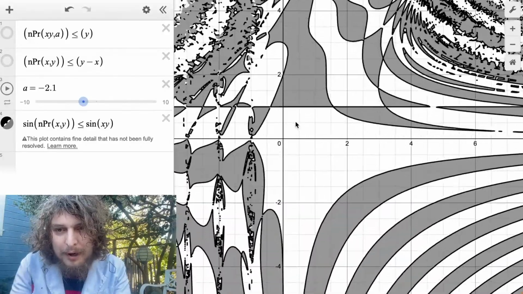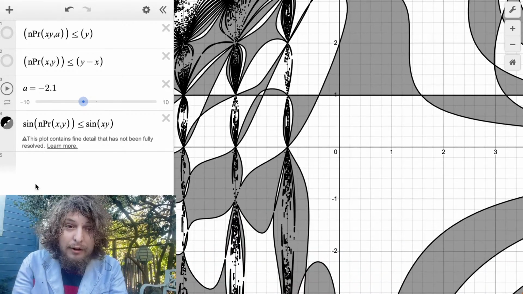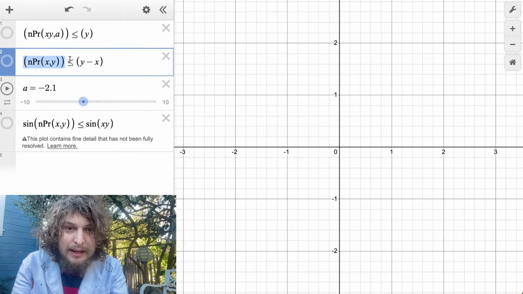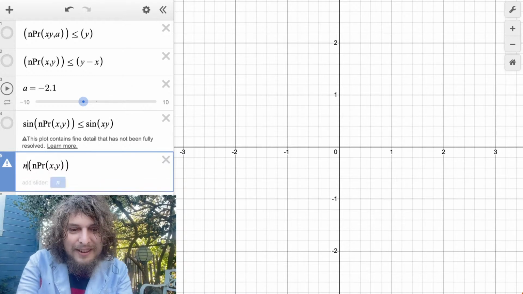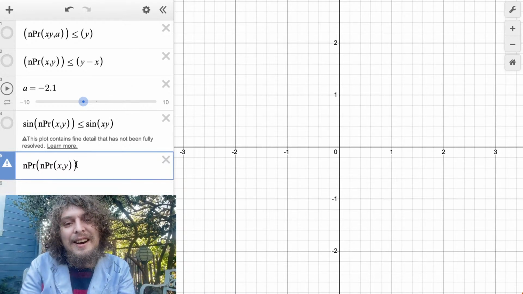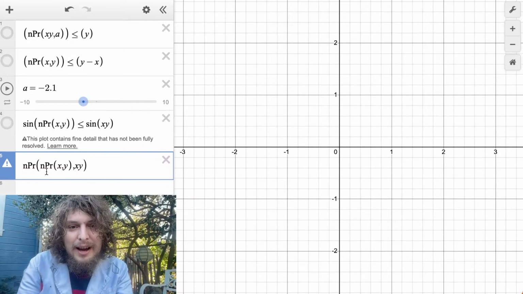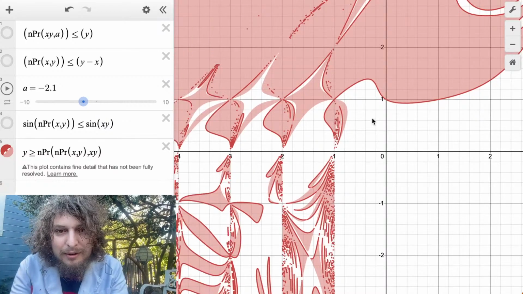Now, what'll happen if we take this to one further level, and that further level is nesting this within itself? So what if we have the permutations of these permutations on just those numbers multiplied? We also need to say what that side is, but let's say it's y greater than or equal to.